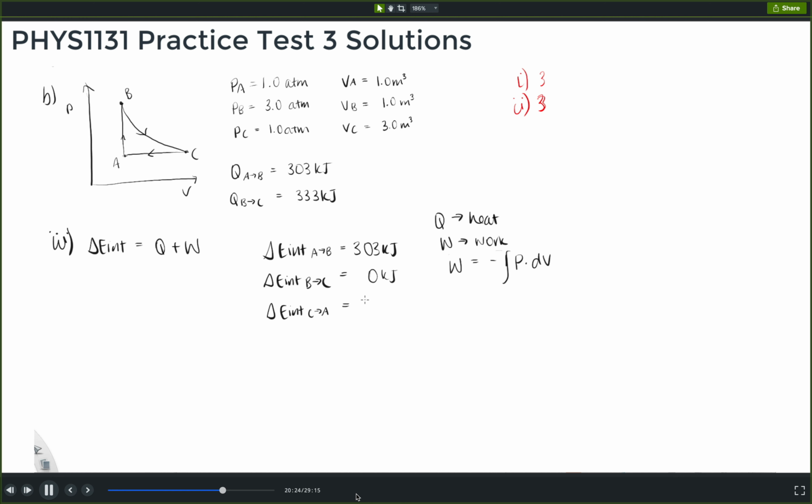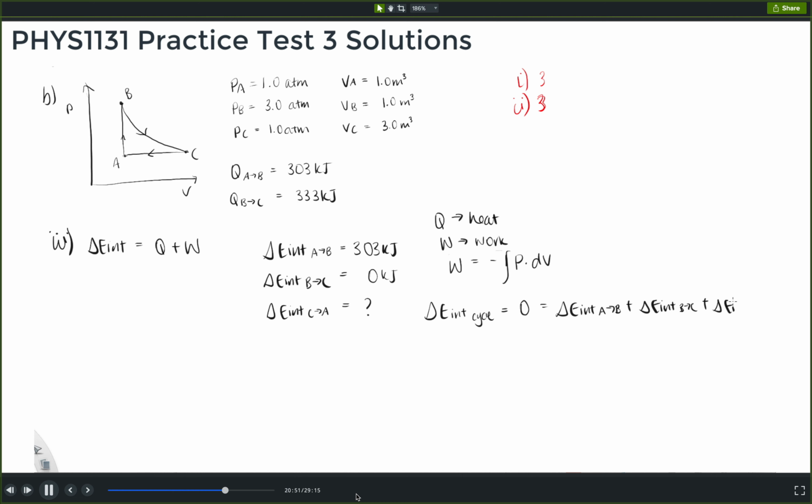Now we are being asked, what is the change in internal energy as the system goes from C to A? But what we know is the change in internal energy of the entire process must be 0 because it is a closed cyclic process. And it's simply the addition of all the internal energies at each point in the process.